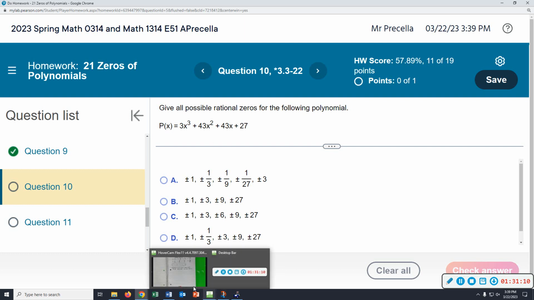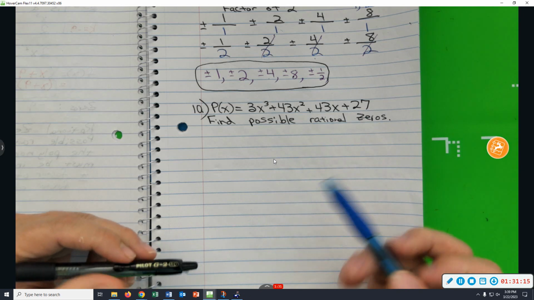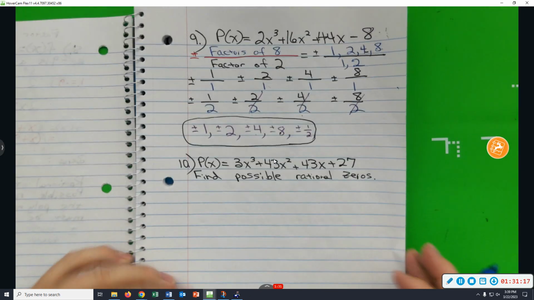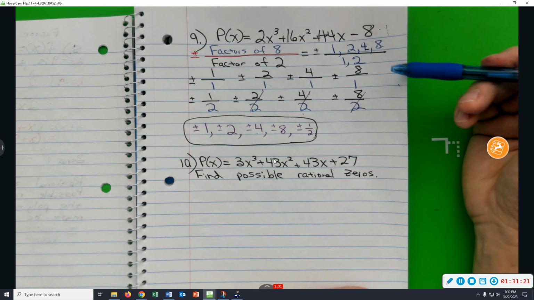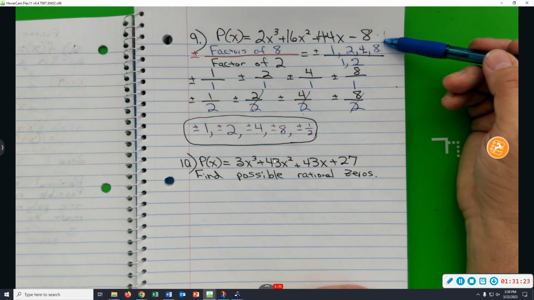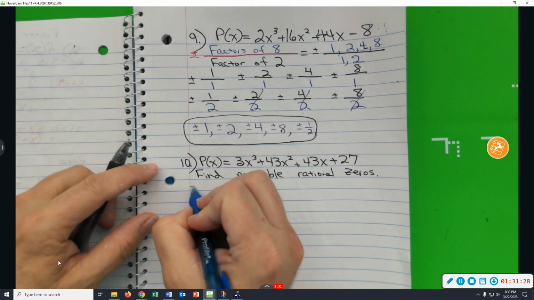For some reason I always find the ones that go on top first. That's just my habit. I do the ones that go on top first, which will be the factors of 27.